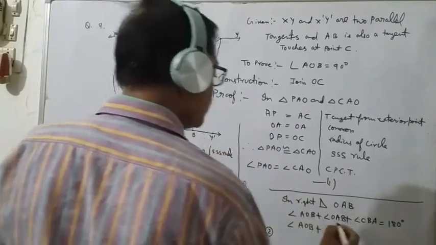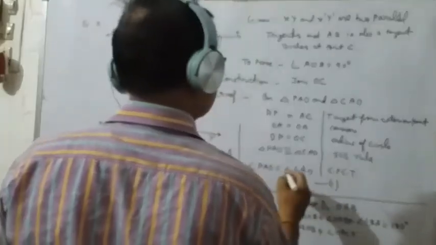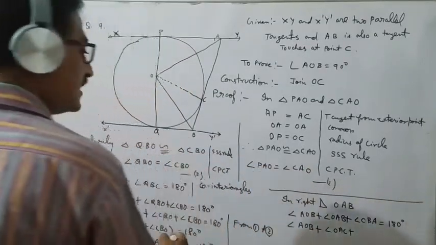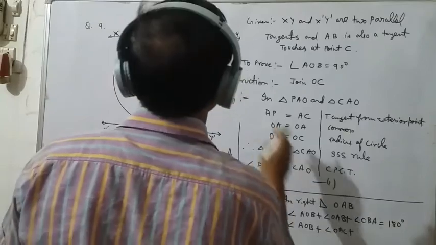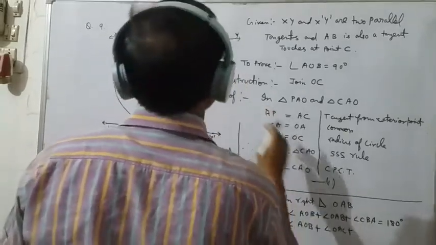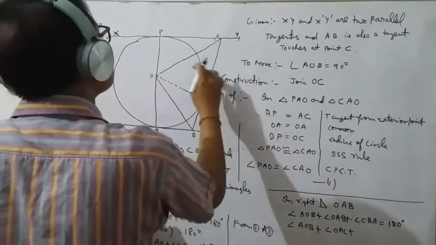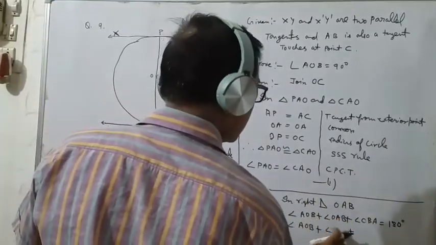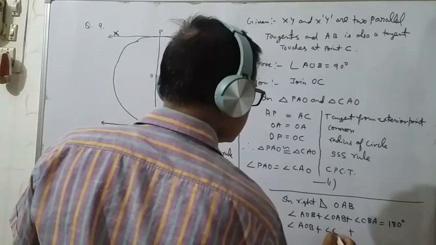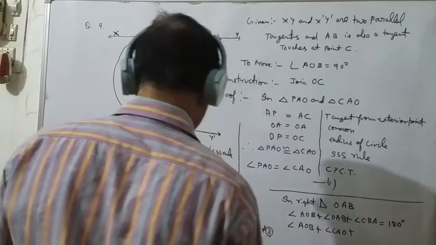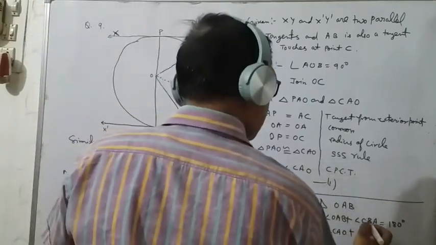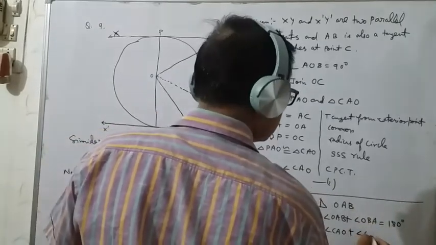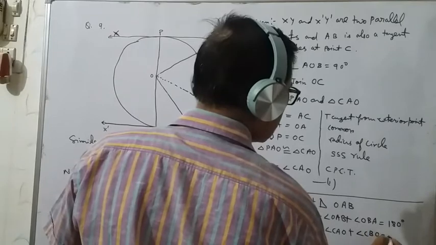Angle CBO. Angle CAO or angle OAC, both are the same. Angle OAB, we can write as angle CAO, and plus, in place of angle OBA, we can write angle CBO, because both are representing the same angles.